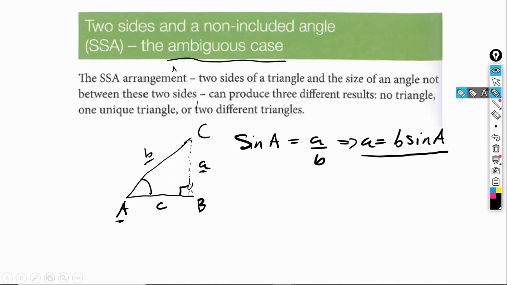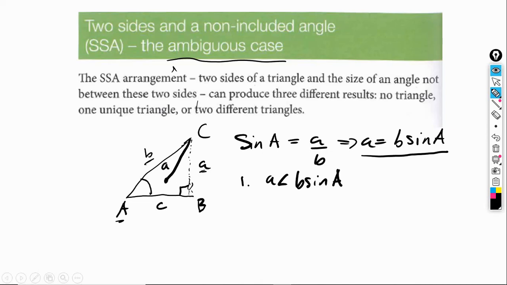Okay, but the truth of the matter is that with the SSA, we have four possibilities. That's why it's called the ambiguous case. So let's look at the first possibility. What happens if A is actually smaller than B times sine of A? That means that the length of side A would be too short to even form a triangle.